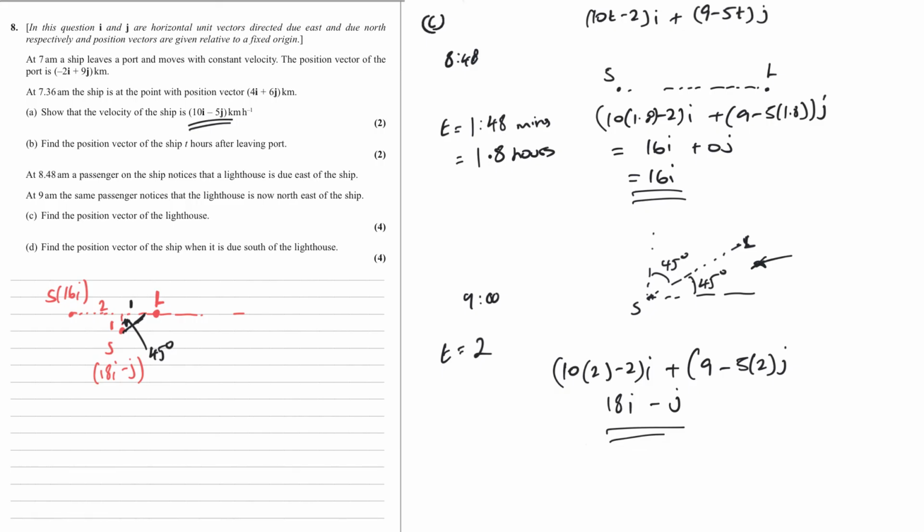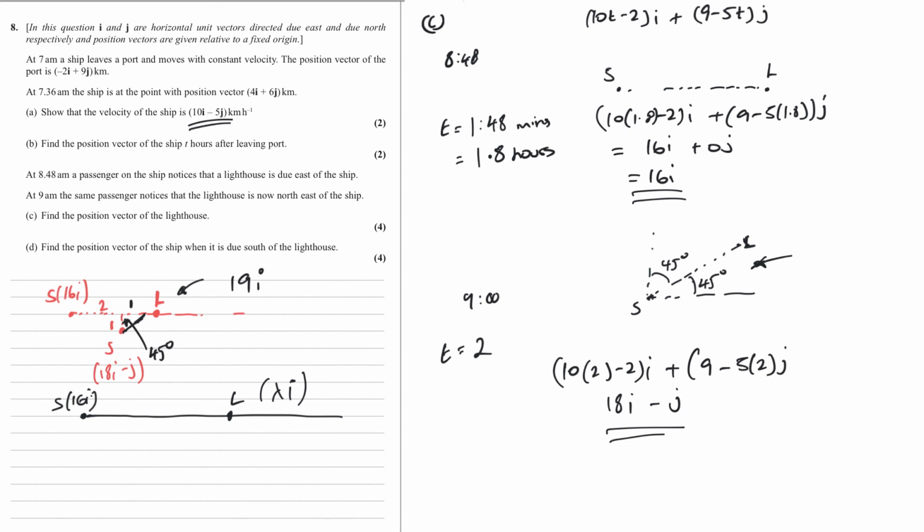Okay, so now when I look at this lighthouse, it's got to be 19i. The reason is you've gone across 2 and then another 1. When you were due east of it here, it had to have just i, no j value. If I do this again to make it clear: the first point, we're at 16i. The lighthouse had to be along here somewhere, some value of i.